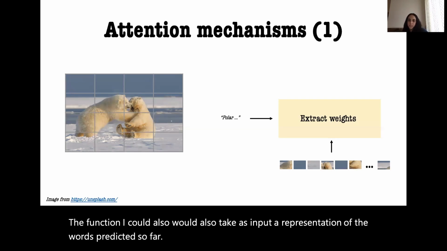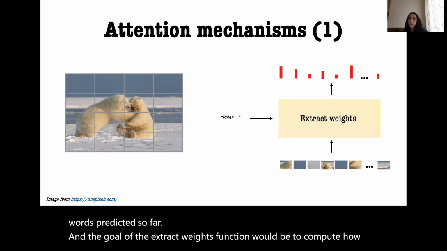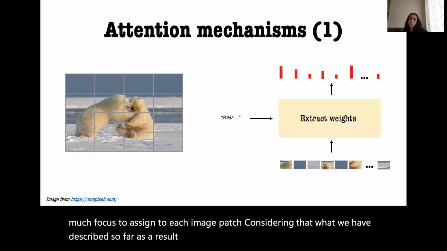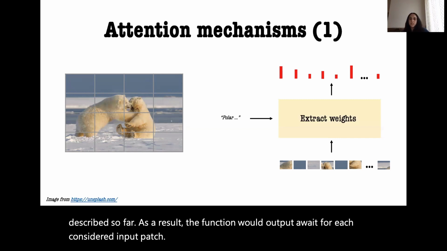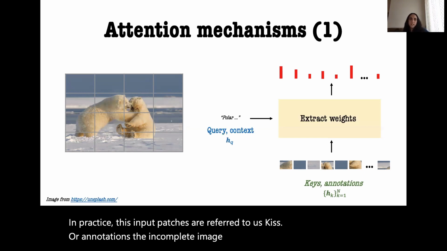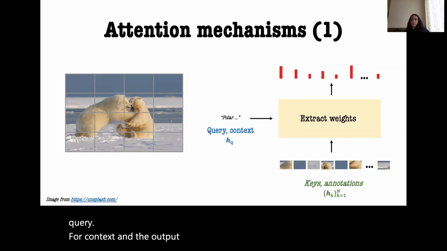The goal of the extract weights function would be to compute how much focus to assign to each image patch, considering what we have described so far. As a result, the function would output a weight for each considered input patch. In practice, these input patches are referred to as keys or annotations. The incomplete image description is referred to as query or context, and the output of the function is referred to as attention weights.